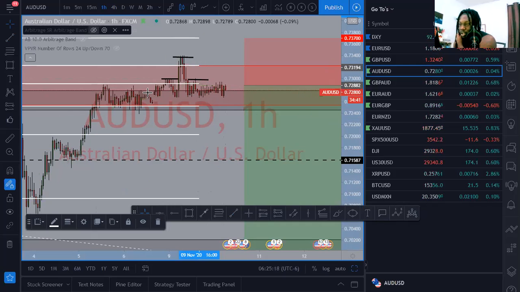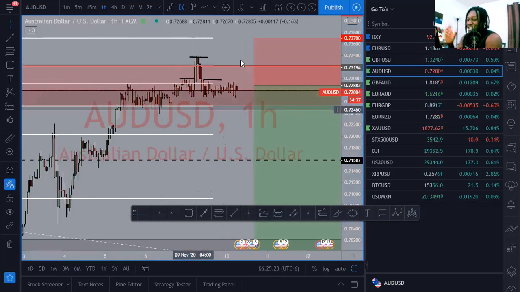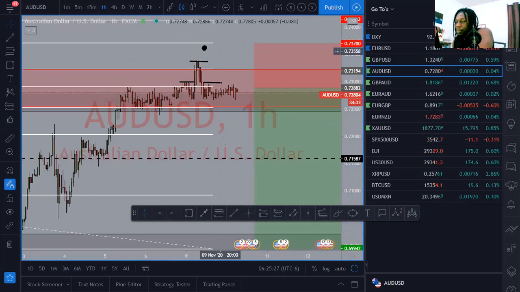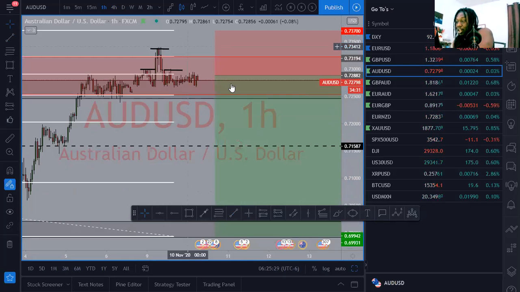Arbitrage support and resistance kind of looks like EMAs, but they're not. There's something different about them. I love it. And so, like I said, I added an entry here just because I can. And then if price does end up going back up to the 78.6, sure, I'll add another entry.